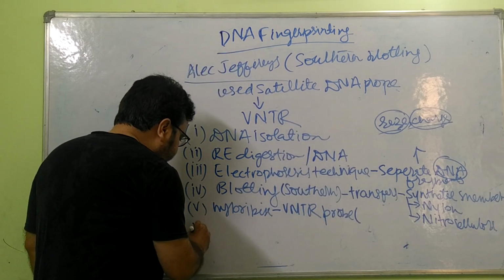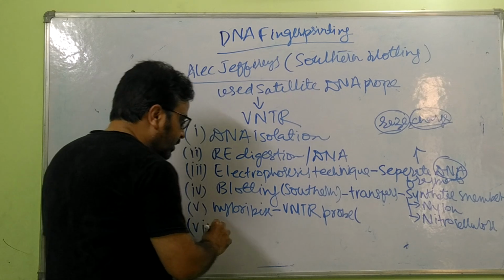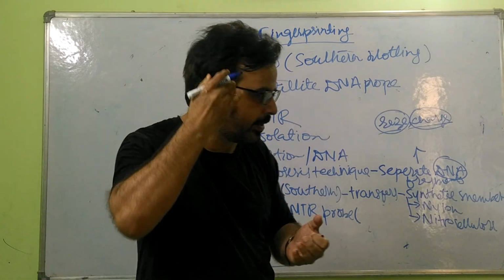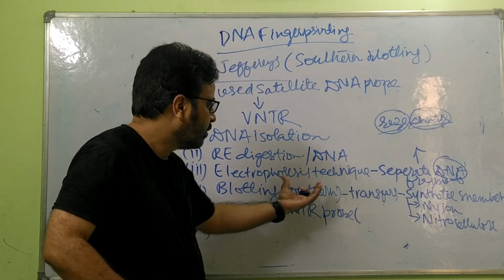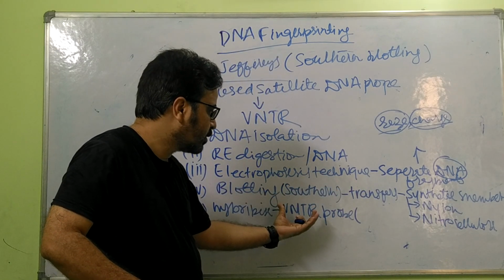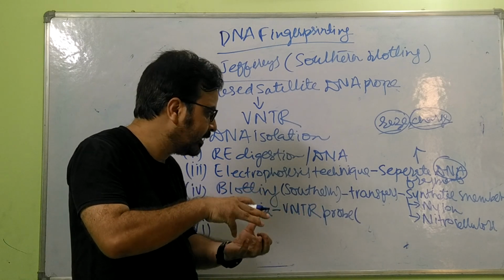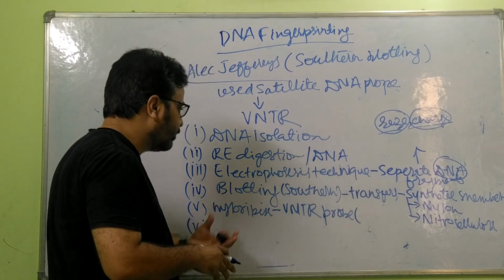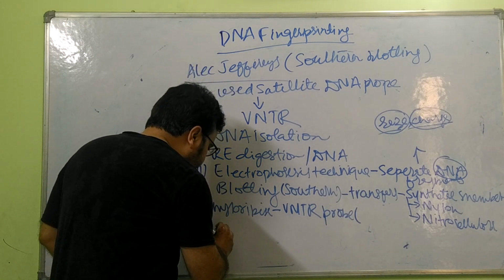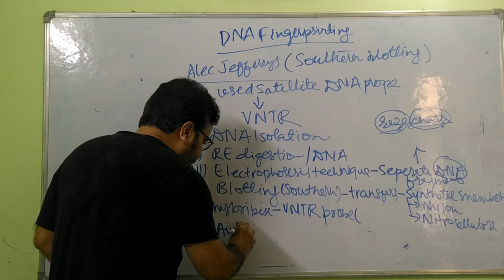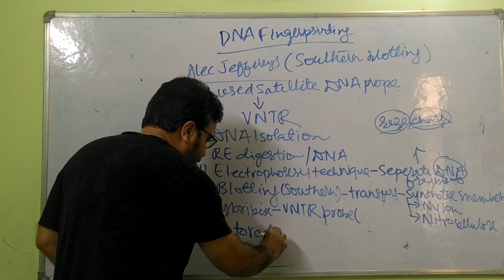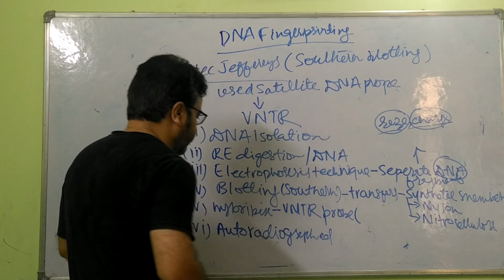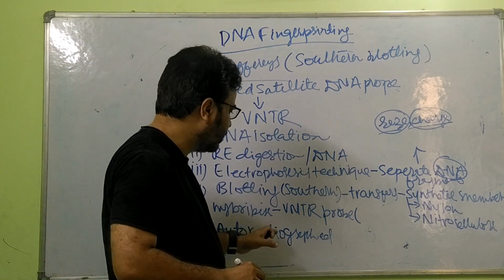The radioactive probe is complementary to those blotted parts of DNA. So this complementary probe gets attached to the transferred DNA fragments, and then autoradiography is used.